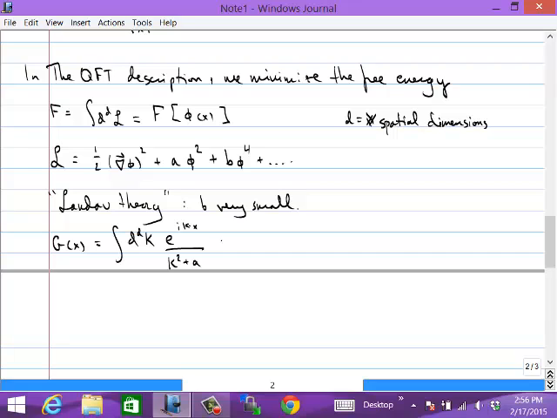And, well, this is a Fourier transform that you've done already in this class. And the answer is just, well, you know it has to have a 1 over r, just for dimensional reasons, and then an e to the minus r over, say, some correlation length that goes like 1 over the square root of A.